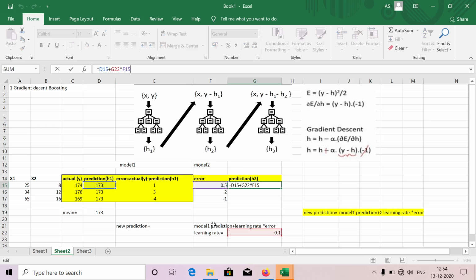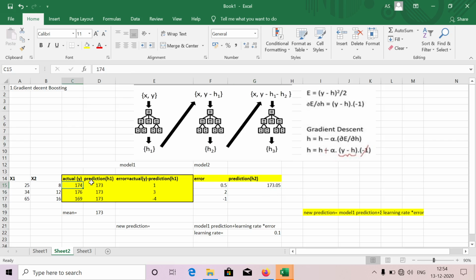Model 1 prediction is 173, plus the learning rate, which I am using as 0.1, multiplied by the error, which is 0.5. From this I can calculate the prediction from h2, and I got the prediction as 173.05.